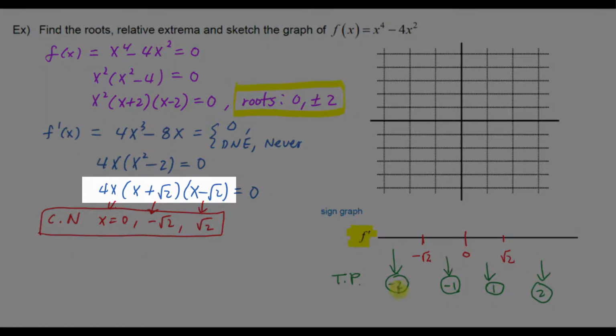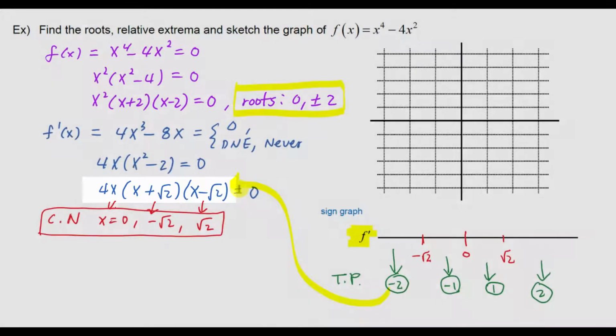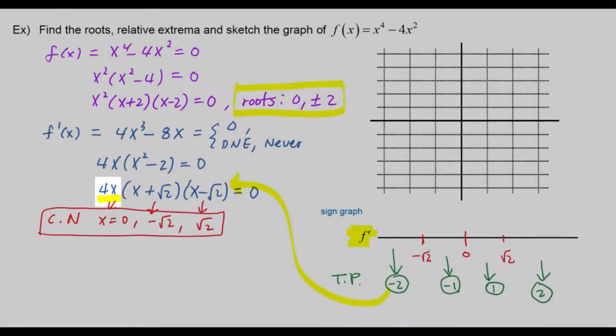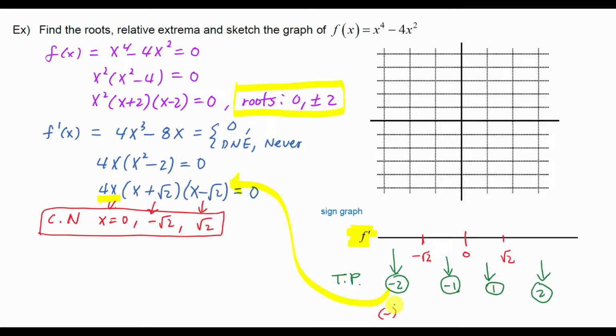So you have to plug these test values into your f prime, and it's best if you use the factored form. That way you can just multiply signs. So if you plug negative 2 for this factor, I'm gonna get a negative. And then if you put negative 2 here, that will be negative 2 plus positive 1.414, so you get negative.